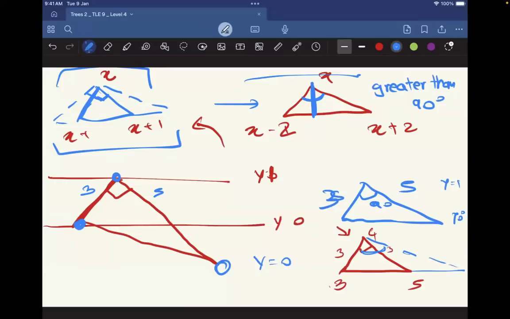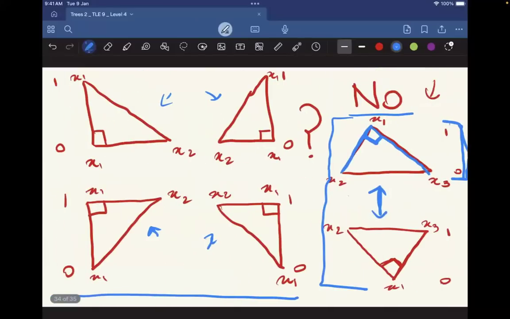Yes or no, guys? So now can you tell me that the only triangle possible is of type x1, x1 minus 1 and x1 plus 1? I just gave you a proof of why this is the only triangle which is possible. Okay? Is it now clear?